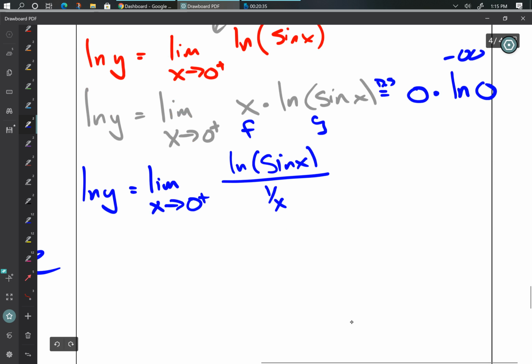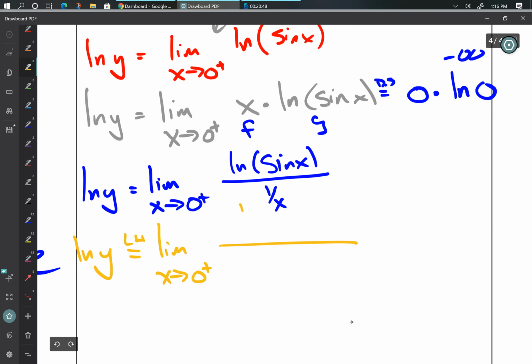Right? So now using L'Hopital's rule, the natural log of y is going to be equal to the limit as x approaches 0 from the right of 1 over sine x times cosine x divided by negative 1 over x squared.